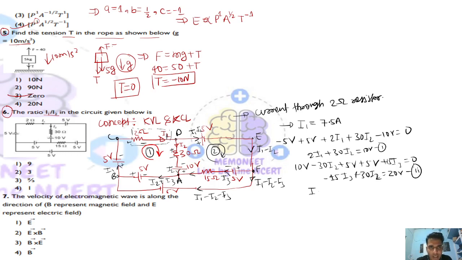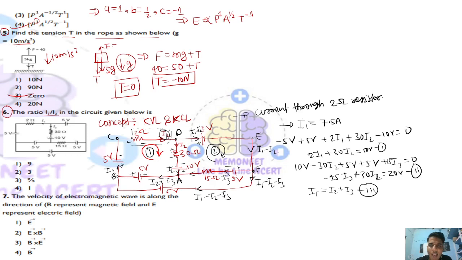When you apply Kirchhoff's current law, you can easily understand that I1 is equal to, it breaks into I2 and then I3, because you know that I1 current is coming here, I2 moving here, I1 minus I2 going here, and then finally I1 minus I2 converted into I3. You know that I1 converts into everything, so this is our third equation. By three equations we can solve it and find I1, I2 and I3.